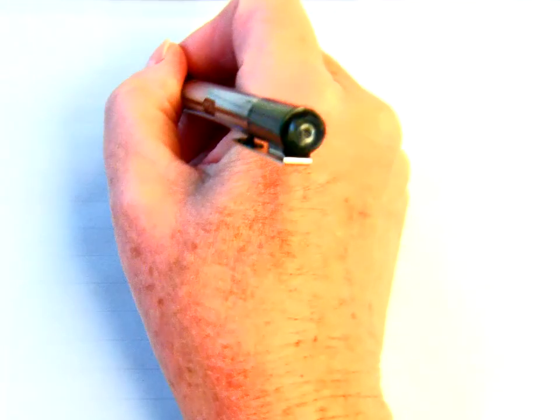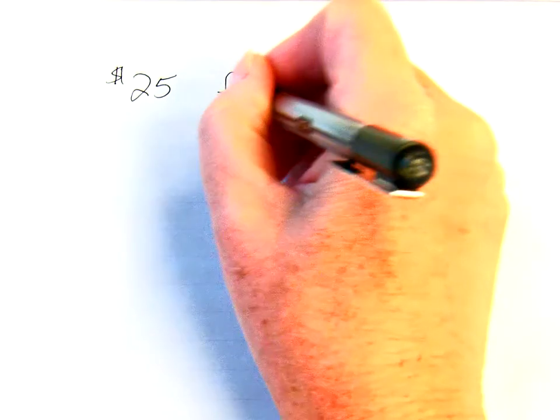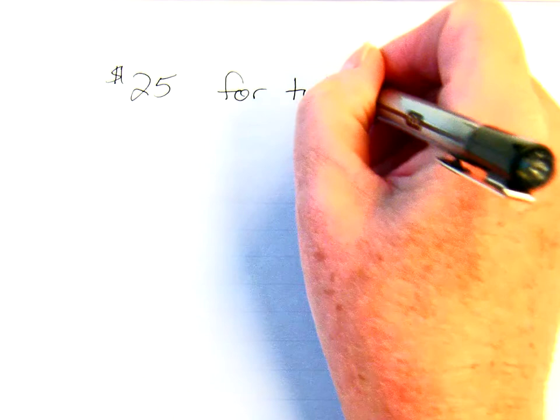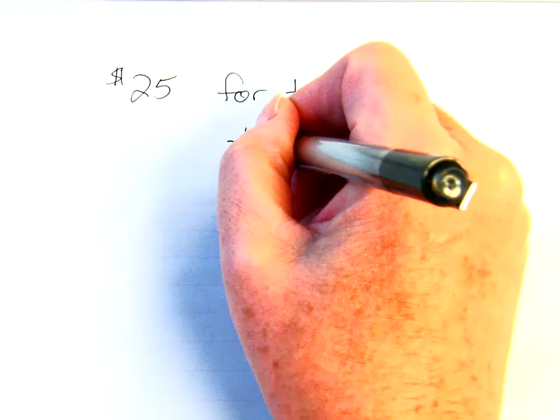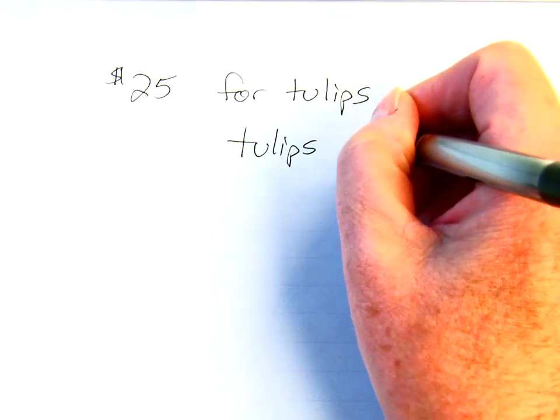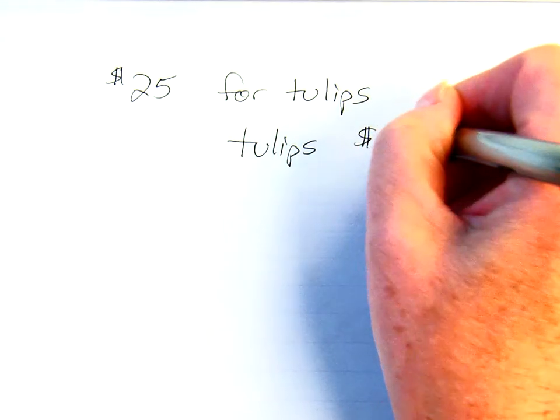And with word problems, of course, we're not writing down everything, but we do have to write down the things that make sense for the problem. What is the greatest number of bulbs that you can order? And we need to have tulips costing 75 cents each.